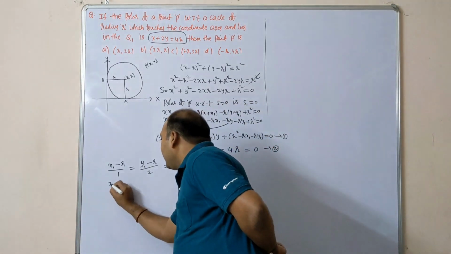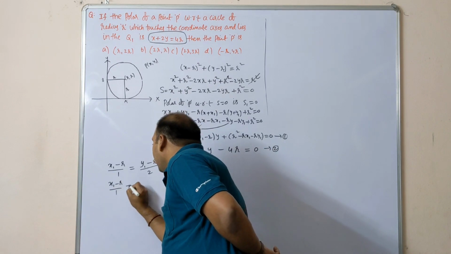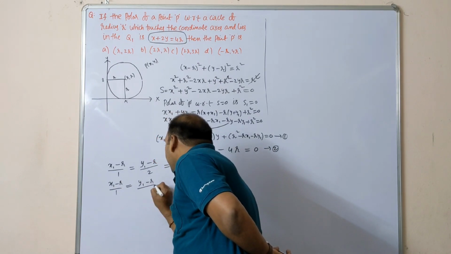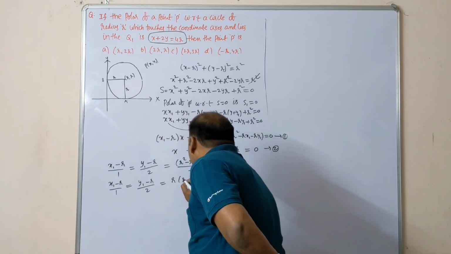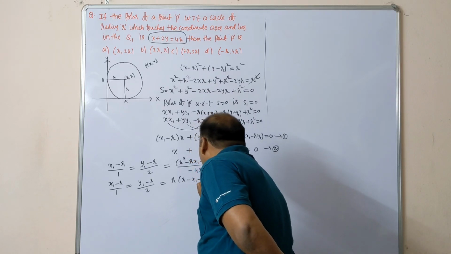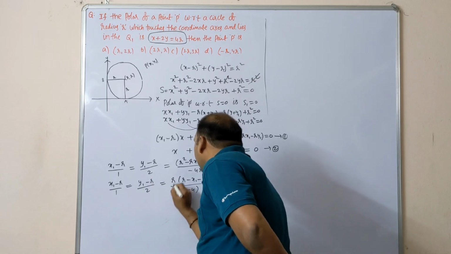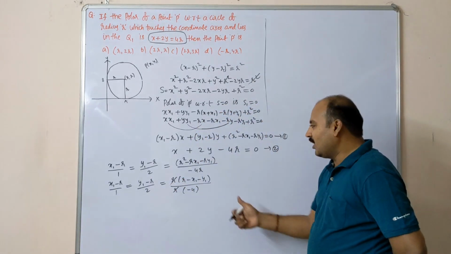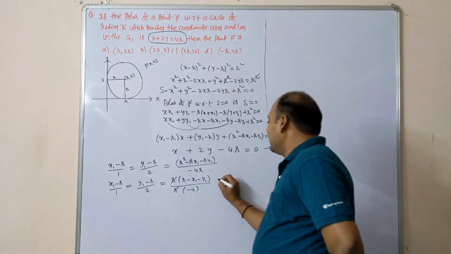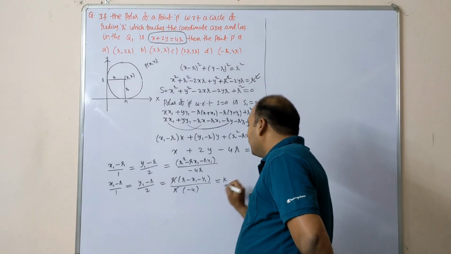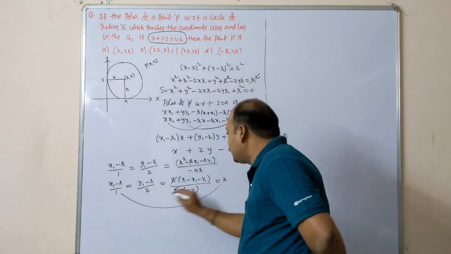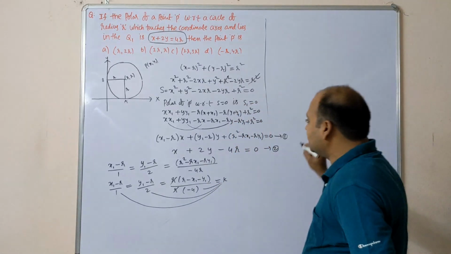R take common: x1 minus r by 1, y1 minus r by 2, r into r minus x1 minus y1 by r into minus 4. Now it will come answer, dear students. This is equal to some k if we take, equating these three.